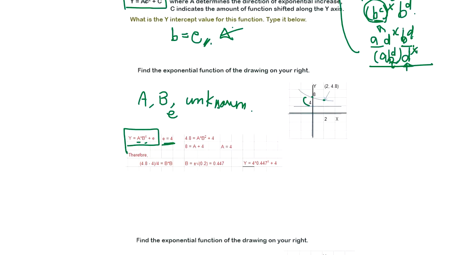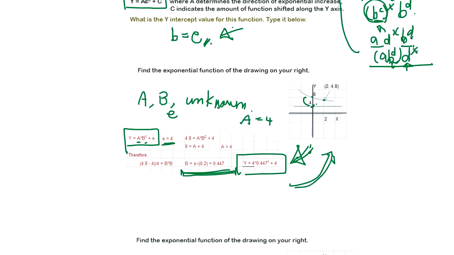So you know a is 4 because it's the intercept, right? And e is 4 because it's shifted that much. So you plug in those numbers, then you can determine b. The b is this value, so it's going to be like this. So from the exponential equation you can draw the graph, and from the graph you can tell what kind of function that is.